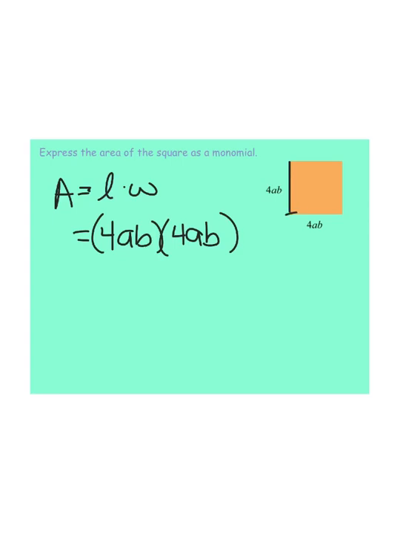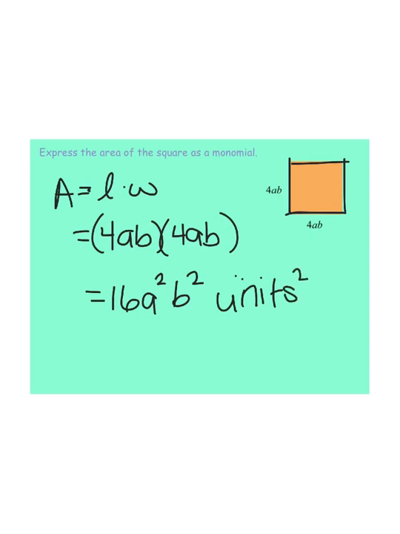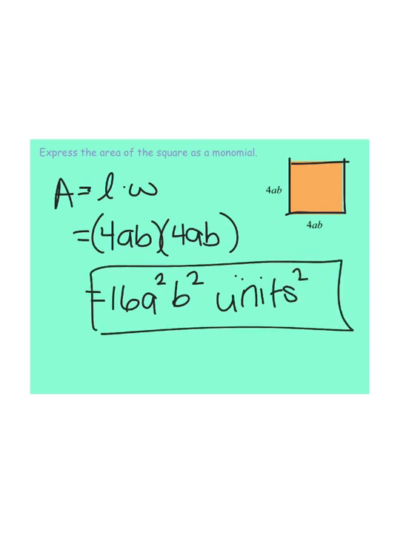So if it didn't tell us, all of my sides would be the same. So now you're just multiplying. So 4 times 4 is going to give me 16. A times A is A squared. B times B is B squared. Area has a label of units squared.